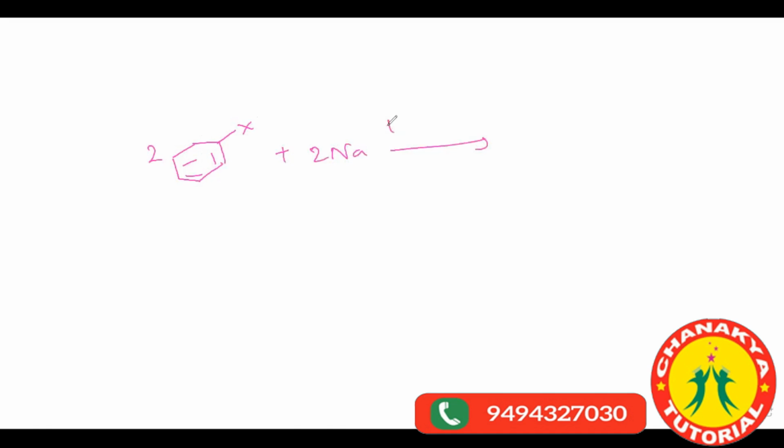We'll have diphenyl groups. Very good. In this case, you will get a diphenyl group, right? Means coupling between 2 aromatic rings would be possible in this case. Isn't it? Yeah. It will get coupled with each other. This is what? Diphenyl. Right? Yeah.